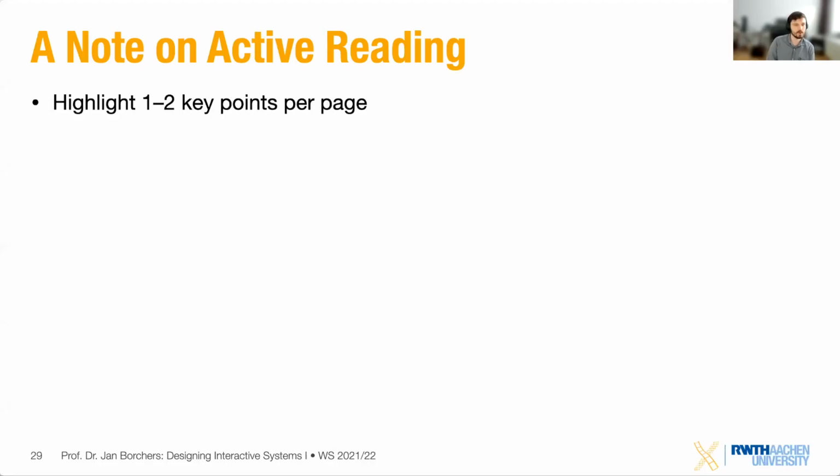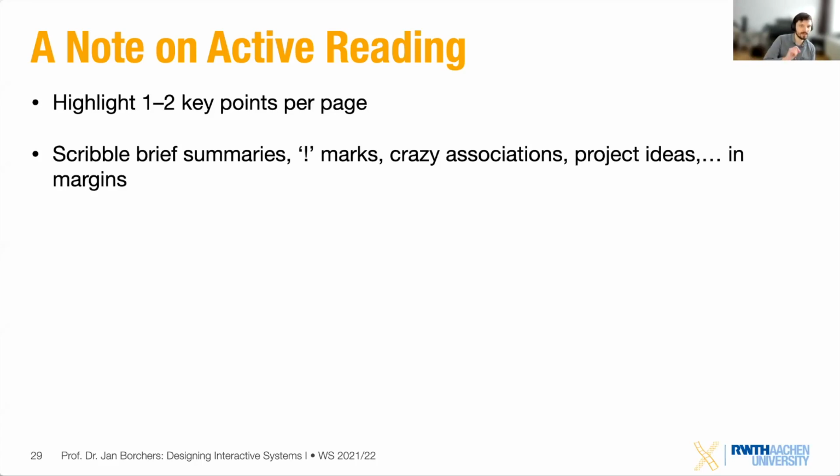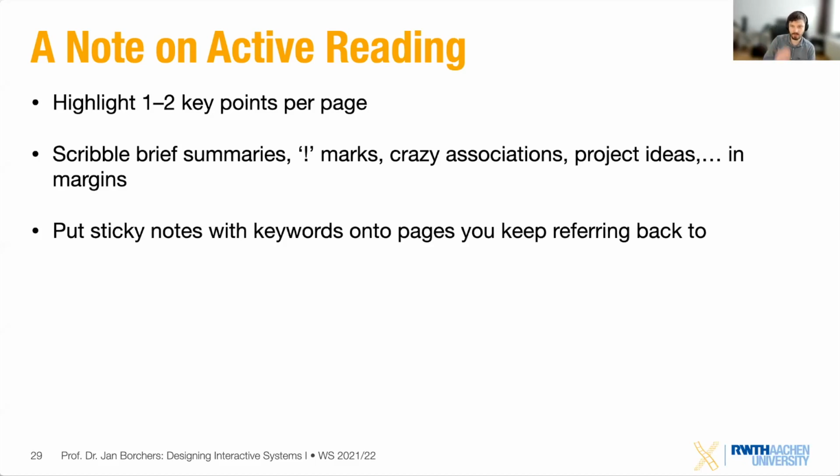So have around 1 or 2 key points per page in the book. Make scribbles, make notes, just mark things with exclamation marks. If you have crazy associations, project ideas, any thoughts, write this into the book. The same with sticky notes if they fit better.